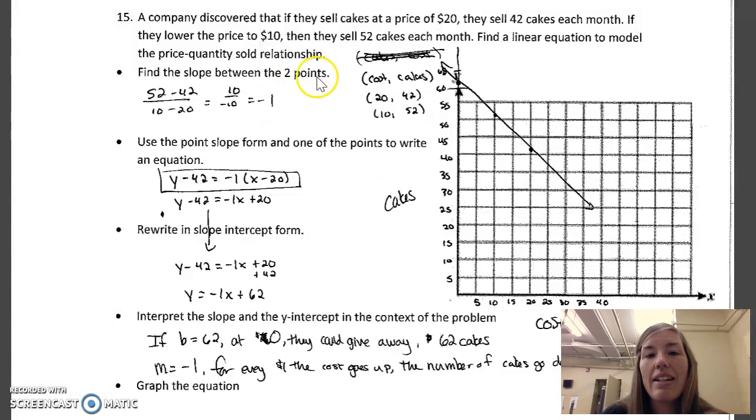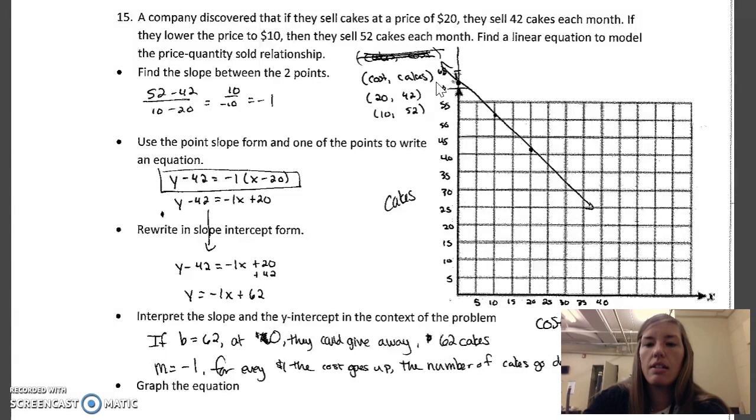So X is cost and Y is cakes. Why is it that way? X is your input, so the cost determines how many cakes you sell.